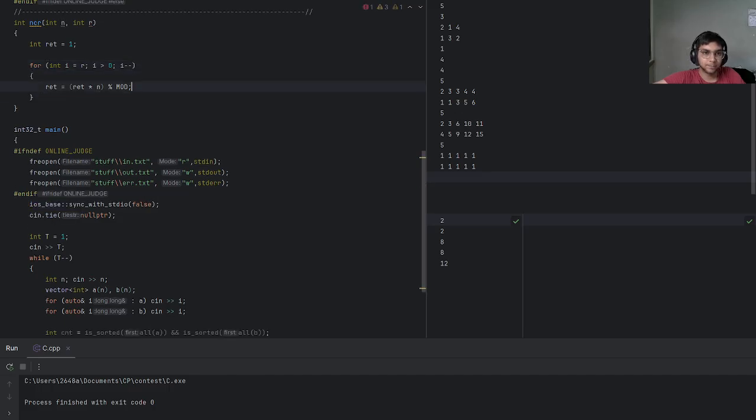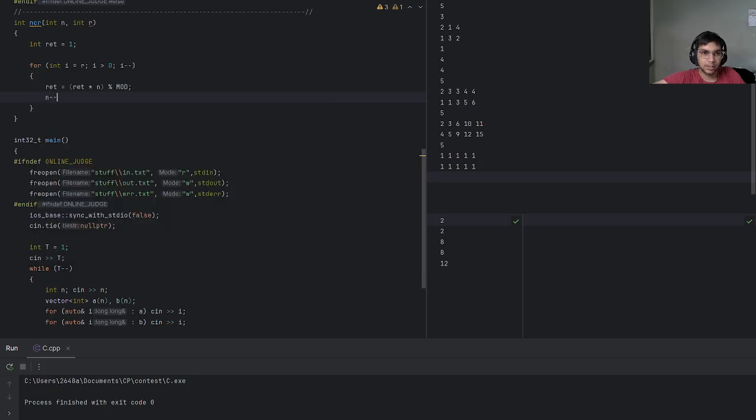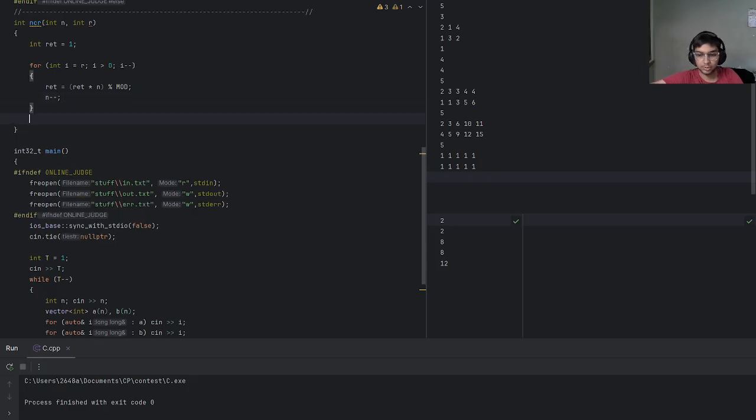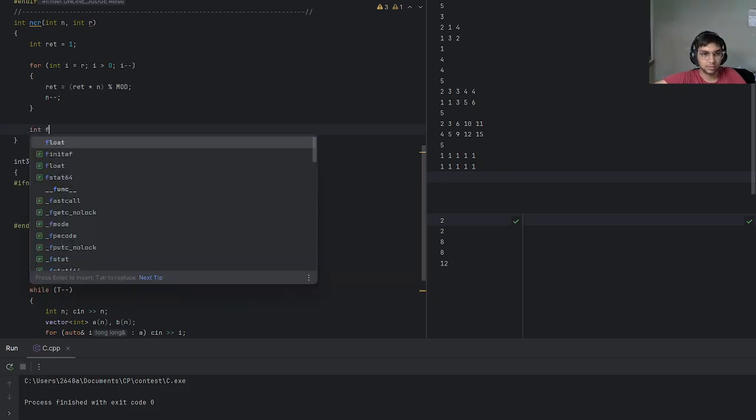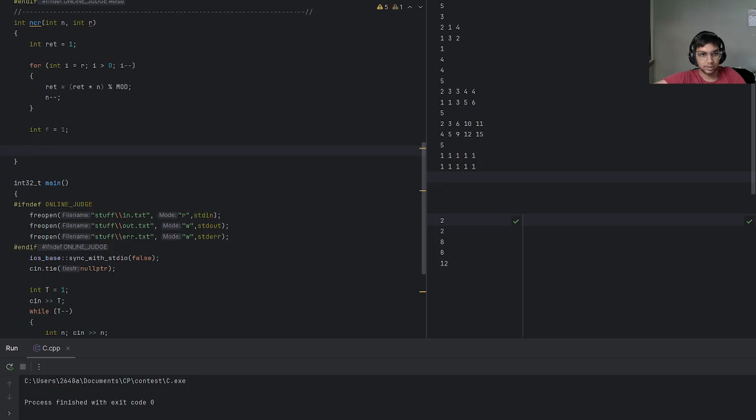I basically just calculate the numerator. For the denominator, we have to do a factorial thing.